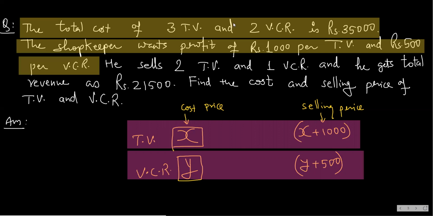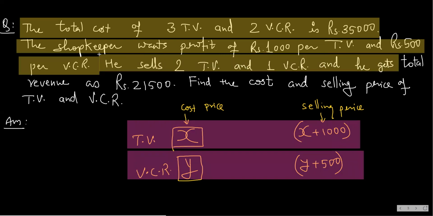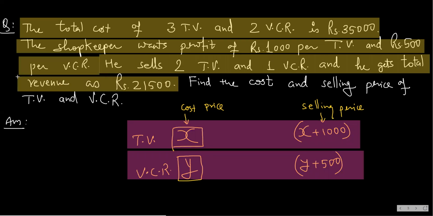The next, it is said, the shopkeeper sells 2 TV and 1 VCR and he gets total revenue of rupees 21,500. The shopkeeper is selling 2 televisions and 1 VCR. That is 2 times of this. The shopkeeper is selling at the selling price.